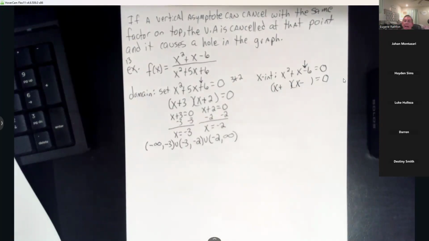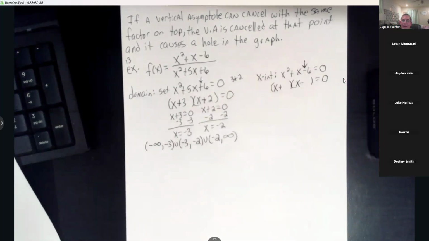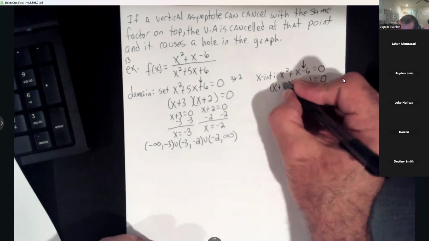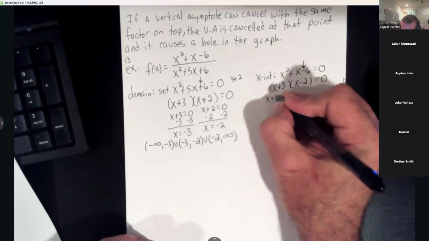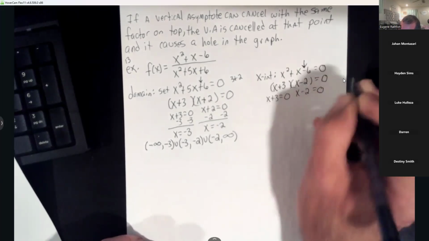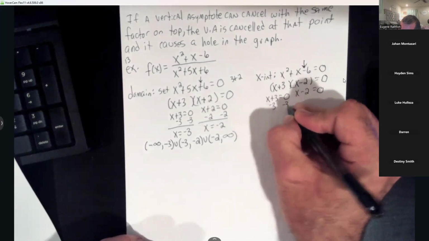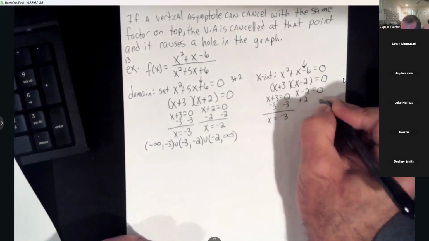All right, now I need factors of 6 that subtract and give me 1. And that's going to be the same two numbers, right? 3 and 2 will give me 1 again. So the larger number is positive like the middle, smaller number is negative. And y'all set both them equal to 0. So I get a negative 3, and then I'm going to get a positive 2.